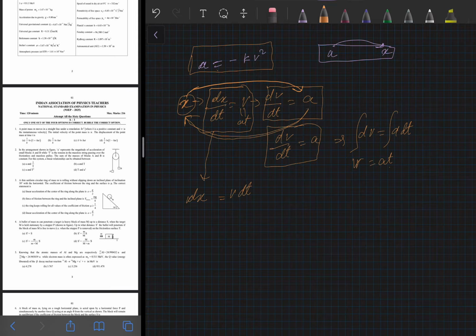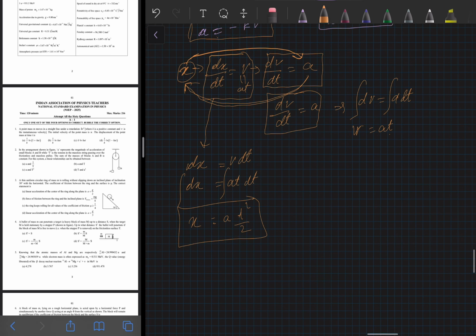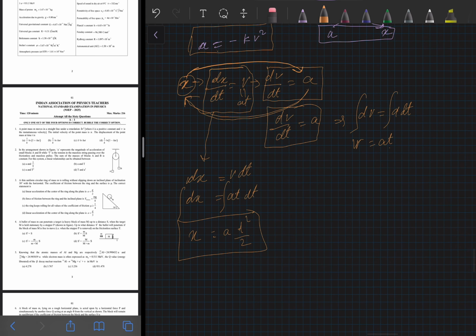Since v equals at, we put at dt equals dx, and then we integrate this, and we get x equals a t square by 2. This is just the general example that I'm giving. This is how we have to approach it. We have to integrate it twice.